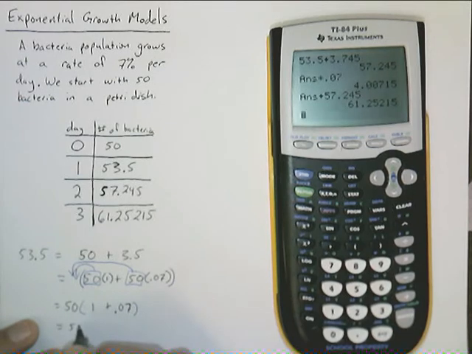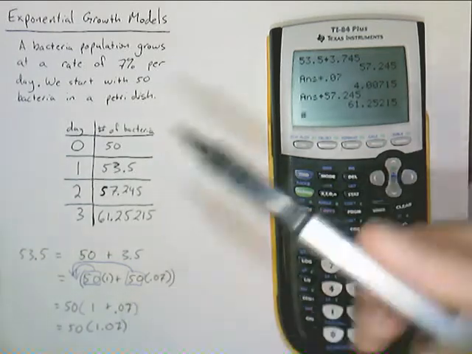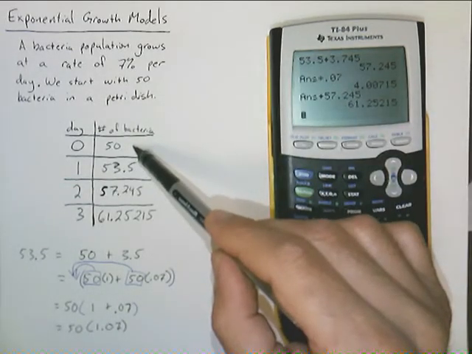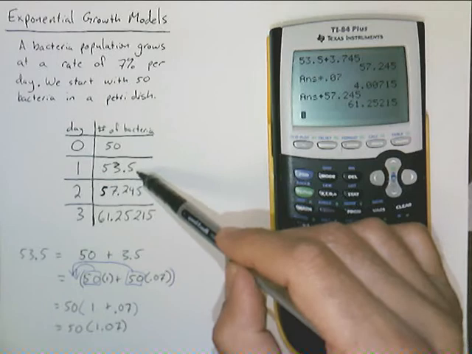Or this is 50 times 1.07. So multiplying 50 by 1.07 brings us to 53.5.